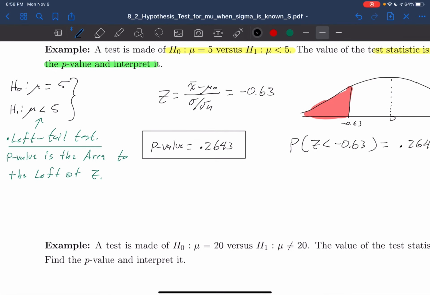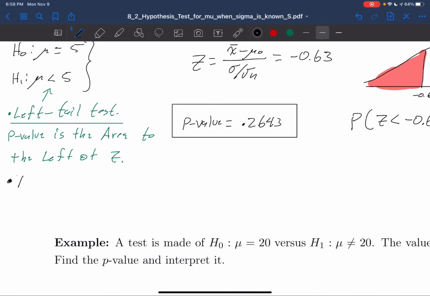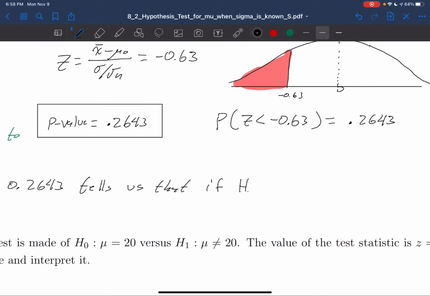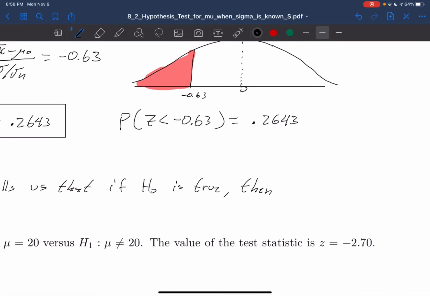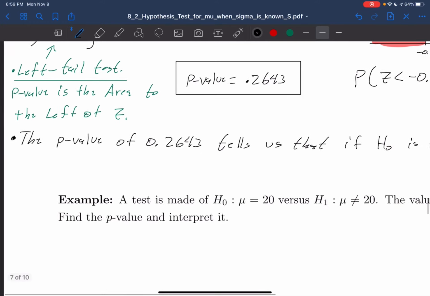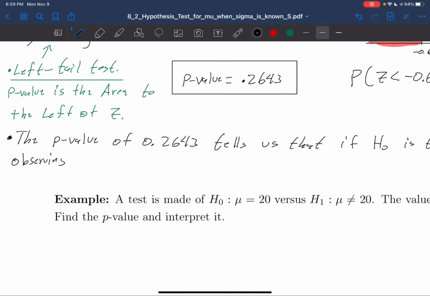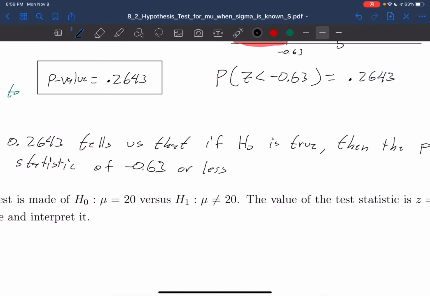Awesome. So how do we interpret this? So we could say that the p-value of 0.2643 tells us that if our null hypothesis H0 is true, then the probability of observing a test statistic of negative 0.63 or less is 0.2643.